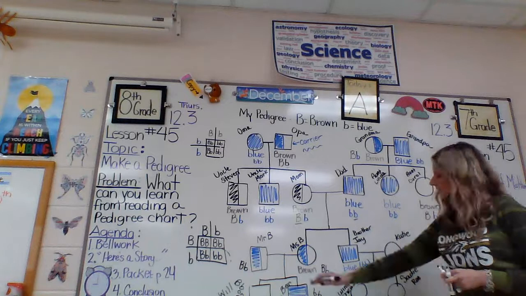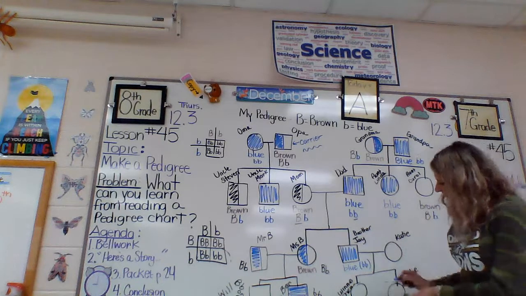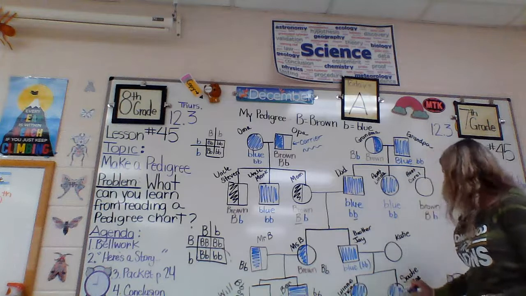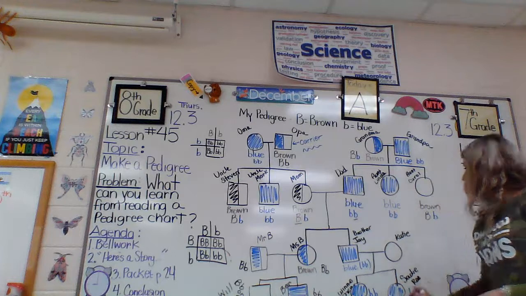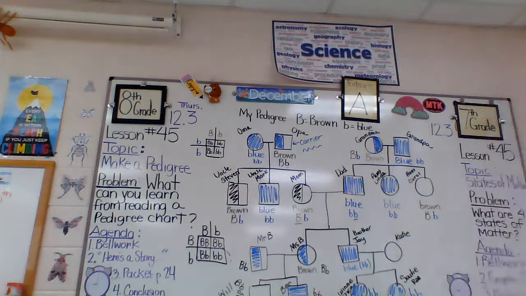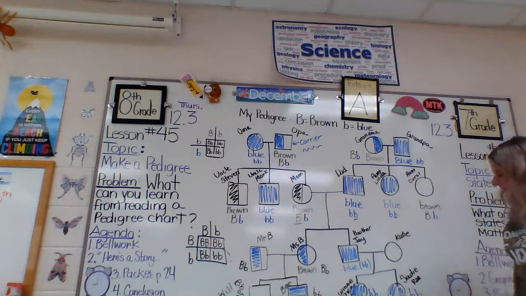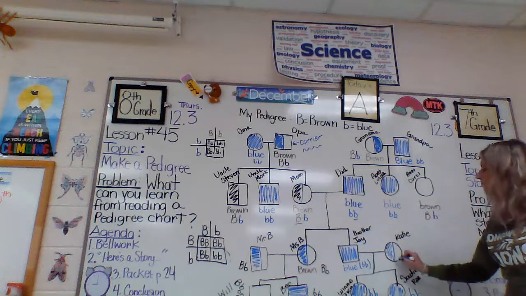That's Aunt Katie to my children. And they both have blue eyes. So my last mystery, little b, is what about Miss Katie over here? What we can tell you about Miss Katie is if she had to give a little b, because Dad can only give one of his little b's, then she's also a carrier. And so I can do that.